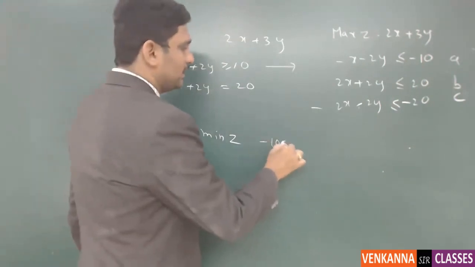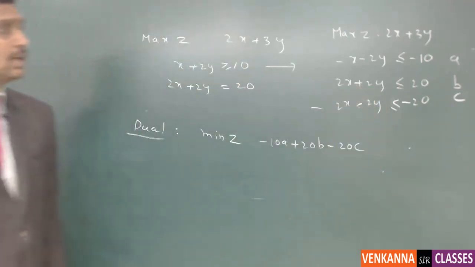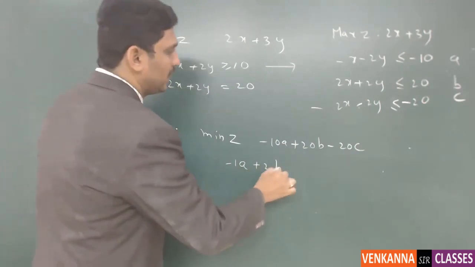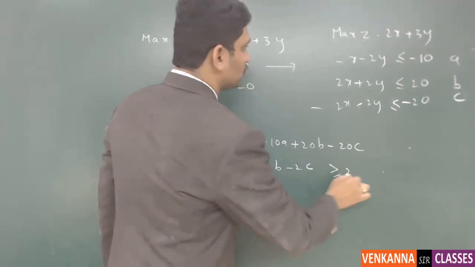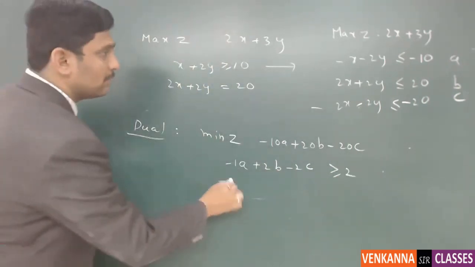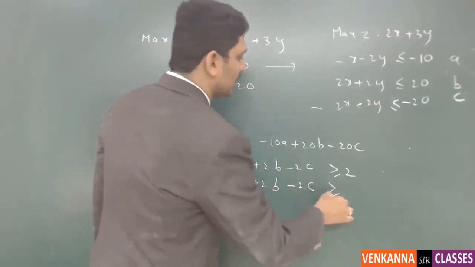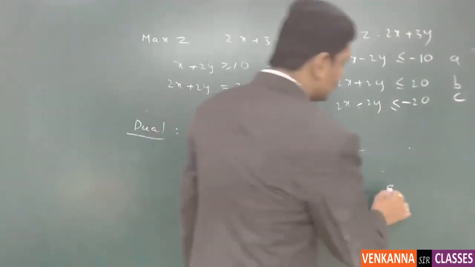So minus 10a plus 20b minus 20c, subject to the constraints minus a plus 2b minus 2c is greater than or equal to 2, and then minus 2a plus 2b minus 2c is greater than or equal to 3. Clear? Where a, b, c are greater than or equal to 0.